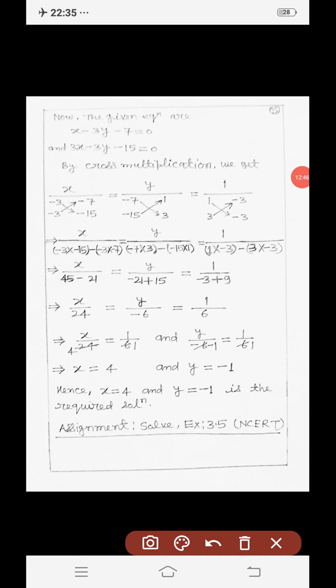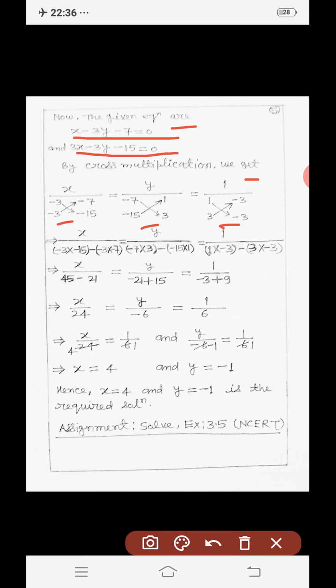Now, the given equations are x - 3y - 7 = 0 and 3x - 3y - 15 = 0. By cross multiplication, we get x/((-3)(-15) - (-3)(-7)) arranged as x/(-3 -7; -3 -15), y/(-7 -15; 1 3), and 1/(1 -3; 3 -3).